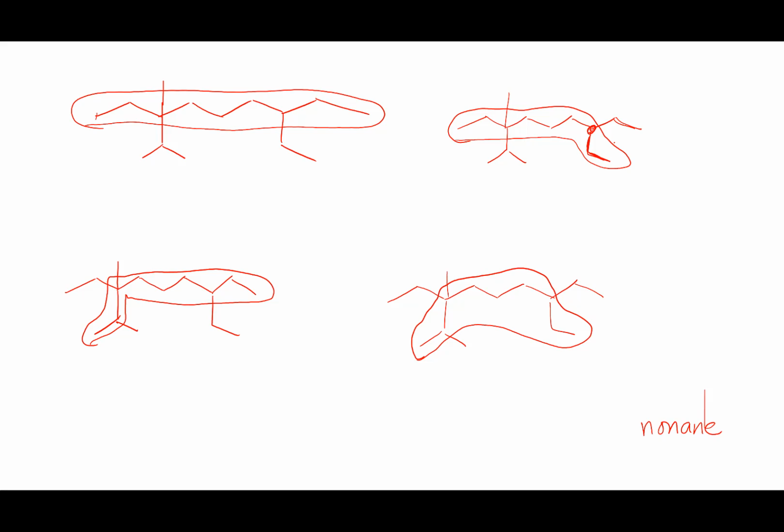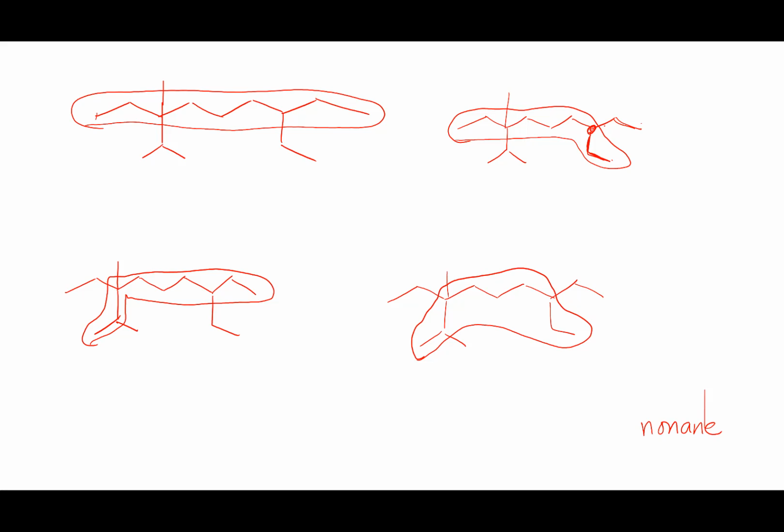No, because it's the same group either way. If I was numbering, and I don't know this yet, but if I was numbering from right to left, I would start 1, 2, 3. There would be this group at carbon 3. If I started up here and went 1, 2, 3, there would still be the same group at carbon 3. So the fact is, when you have a branch point, you have the same 2 groups, it doesn't matter which way you go.